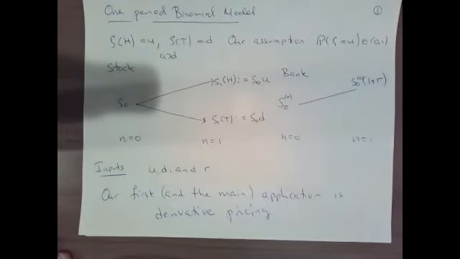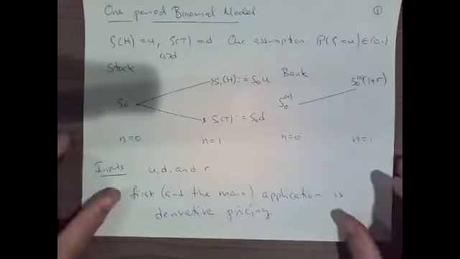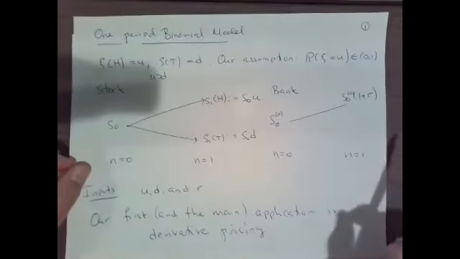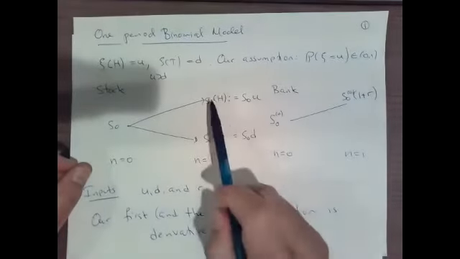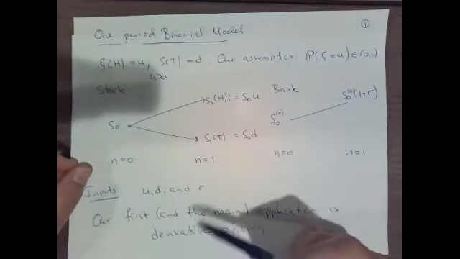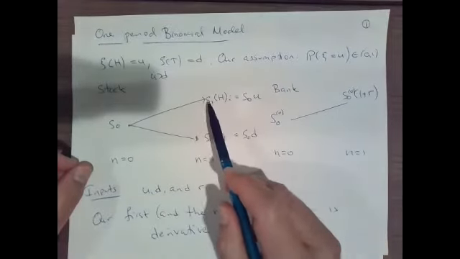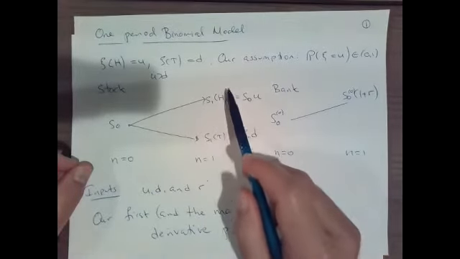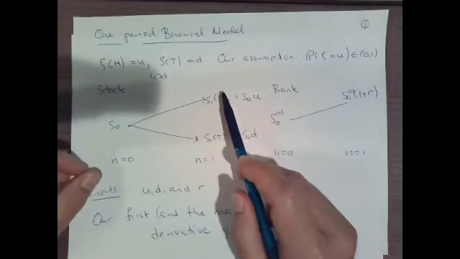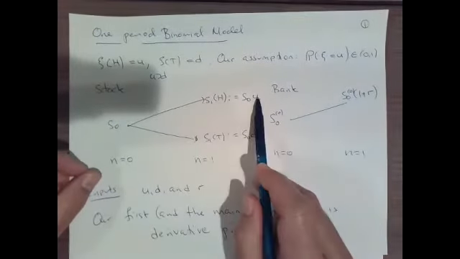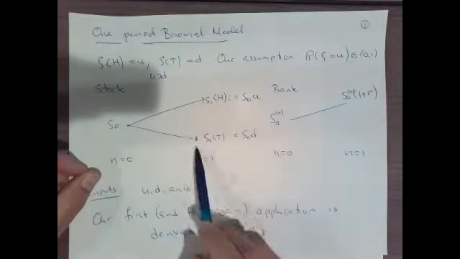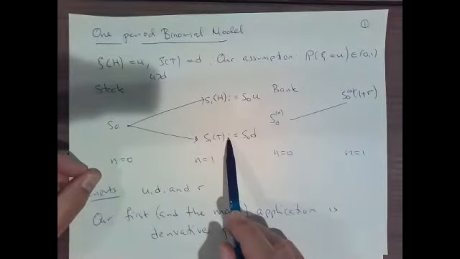Let's talk a little bit about derivatives. In this course, what is a derivative? Well, a derivative is something that pays out depending on the underlying stock price. It has a payoff, and the payoff depends upon what the underlying stock price is. So the derivative will pay out something if it's heads, and something else if it's tails.